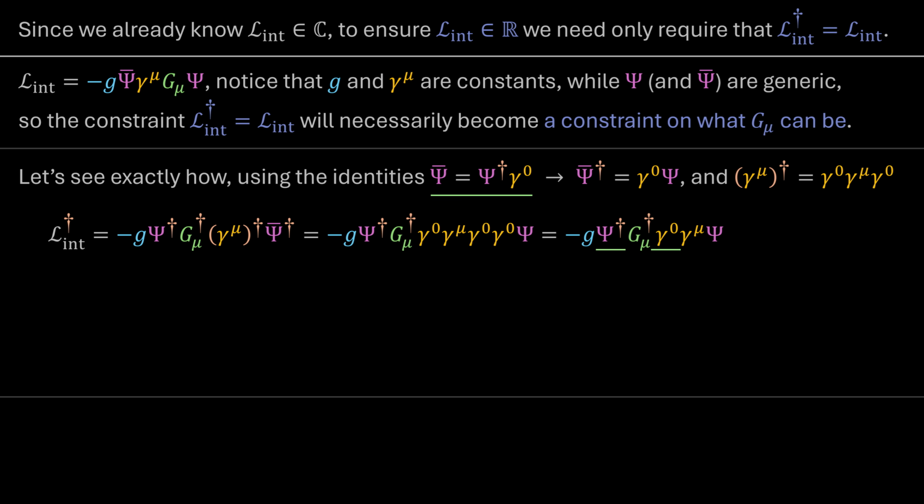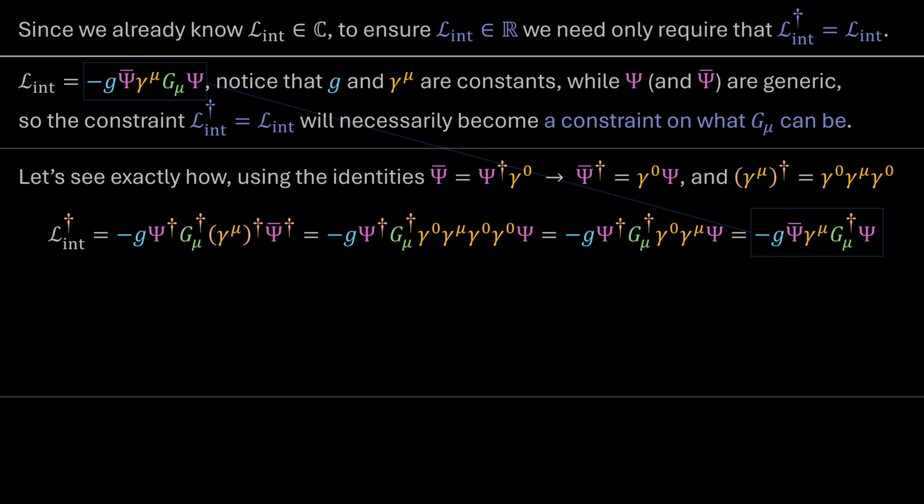Well, remember the fruity pebbles. Yes, these things commute, because gamma 0 acts on the spin indices, and G mu dagger, which is based on G mu, acts on the color indices. So the order of multiplication doesn't matter, therefore we can bring gamma 0 on over to the left. We can unify it with psi dagger, and what we end up with is a psi bar. And now, would you look at that? The expression we found for L dagger is negative g psi bar gamma mu G mu dagger psi.